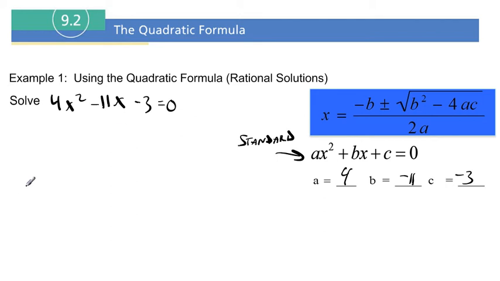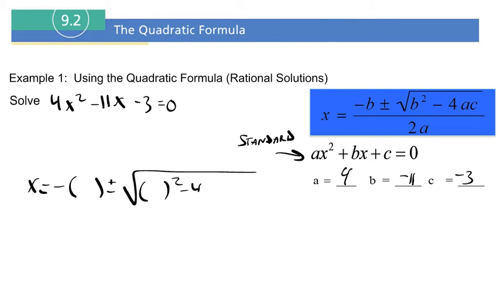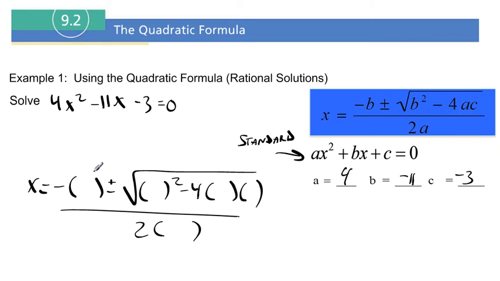So I'll have x equals negative b plus or minus the square root of b squared minus 4 times a times c, and that's all over 2 times a. All right, so notice I rewrote the quadratic formula, except I replaced all the a's, b's, and c's with parentheses.